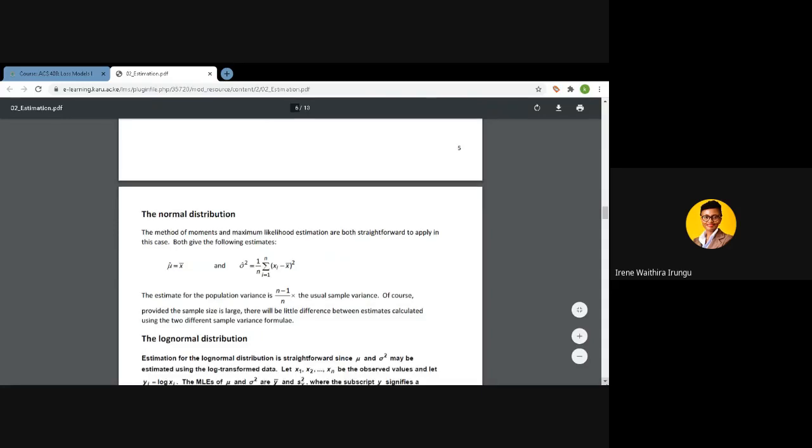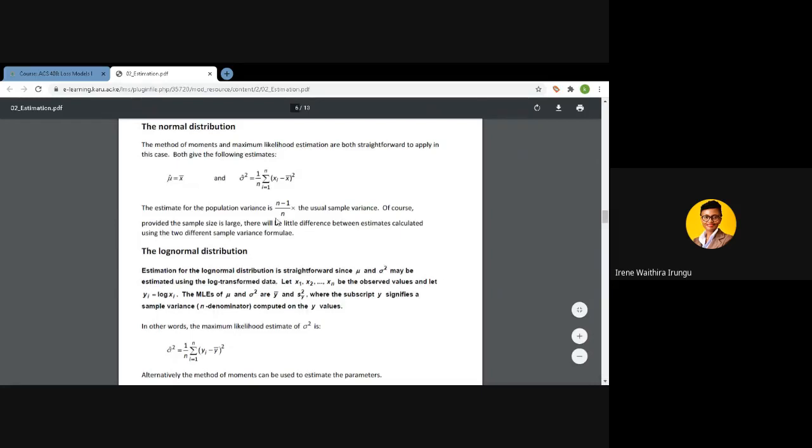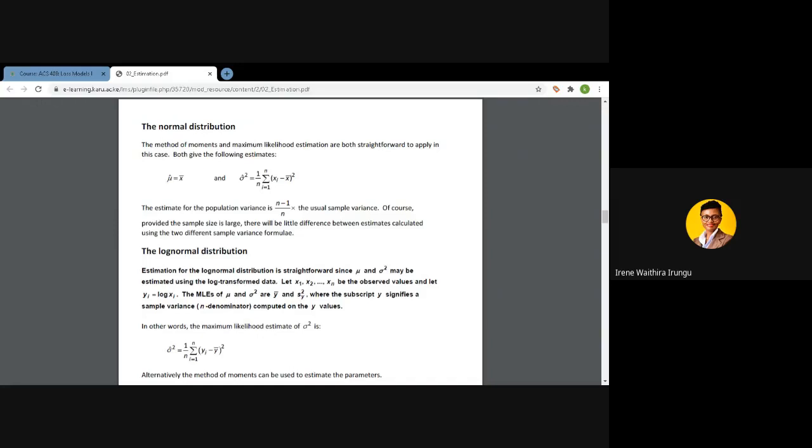So we also have scenarios where, if you're looking, for instance, at the normal distribution and you already know that x, which is the claim severity, follows a normal distribution with parameters mu for your mean and sigma squared for your variance, then it simply means that in both cases you can obtain the parameter estimates by equating them to their sample estimates.